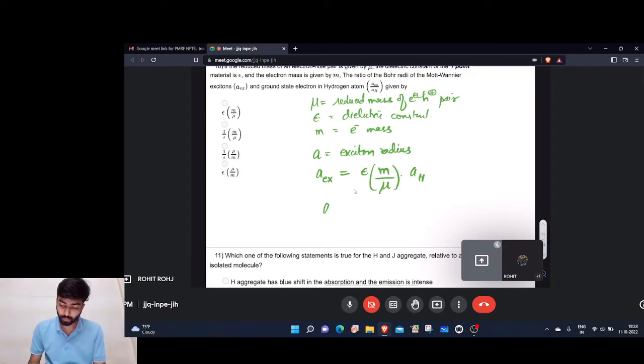So we can arrange this thing: the ratio of this Mott-Wannier exciton radius to the hydrogen atom Bohr radius is given by epsilon times the mass of the electron divided by mu, which is option number A.